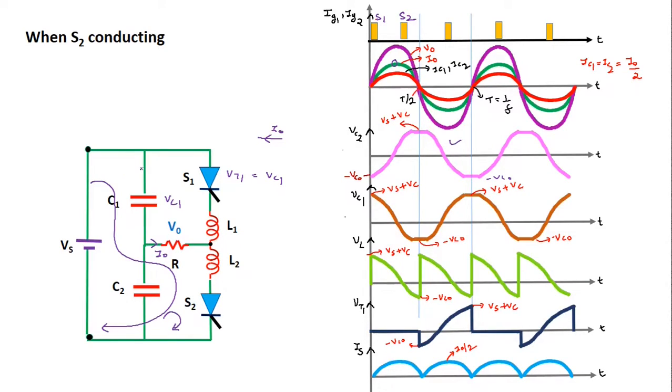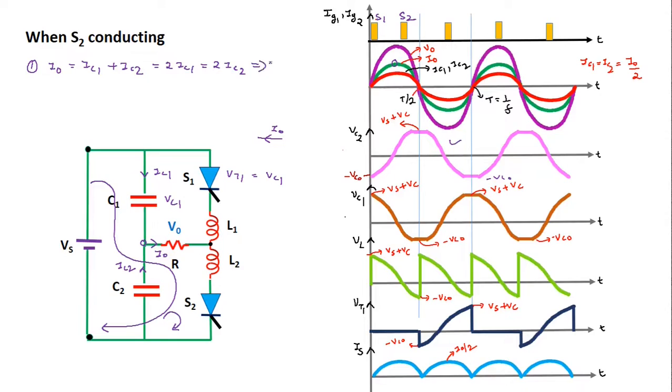Now we are taking the current through the C1 capacitor as IC1, the current through the C2 capacitor as IC2. So when we apply KCL at this node, we get by KCL load current is equal to IC1 plus IC2, and since the capacitance of C1 is equal to the capacitance of C2 here, we can write it is equal to 2 IC1 or 2 IC2.